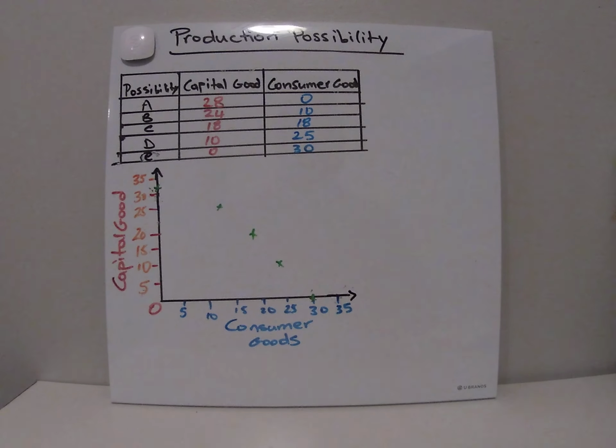So the production possibility curve is formed on three assumptions. The curve is drawn on the assumption that only two goods and/or services can be produced, namely good X or good Y. In this case, we're using capital goods and consumer goods. The other assumption is that the PPF or the PPC is constructed such that resources are both fully employed and utilized efficiently.